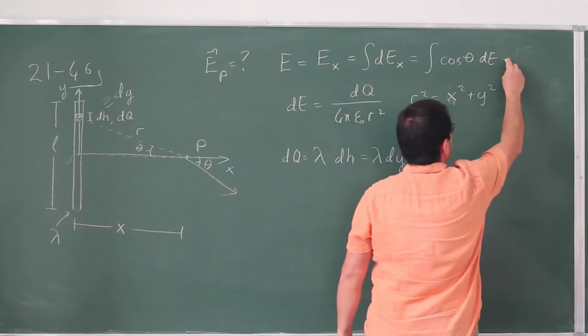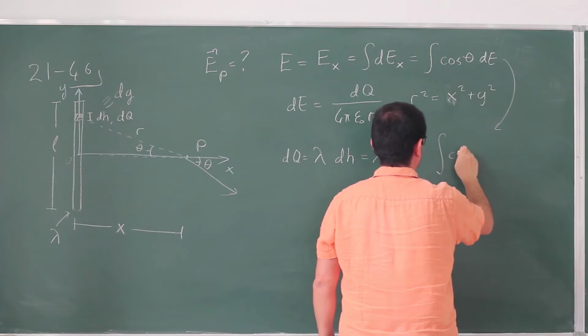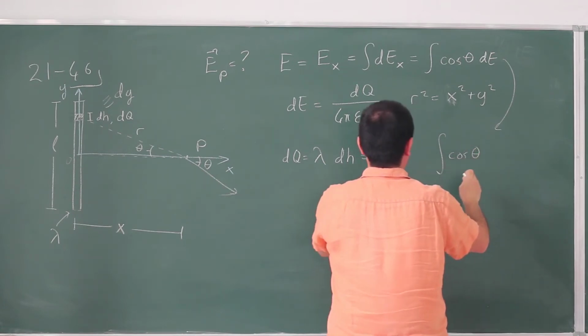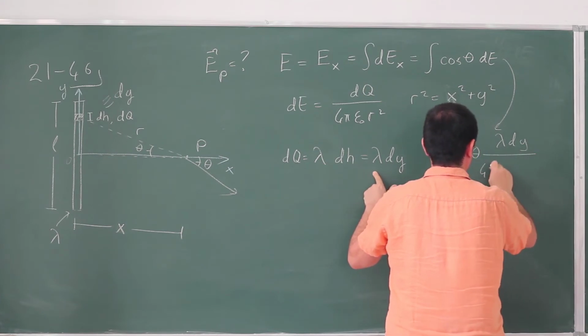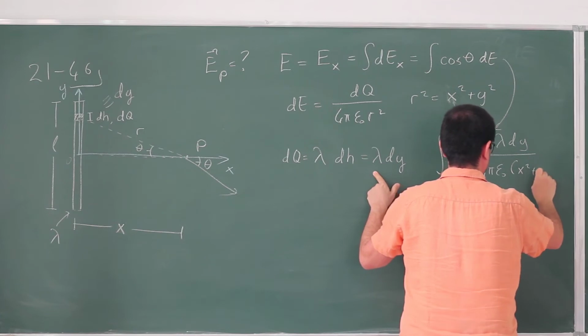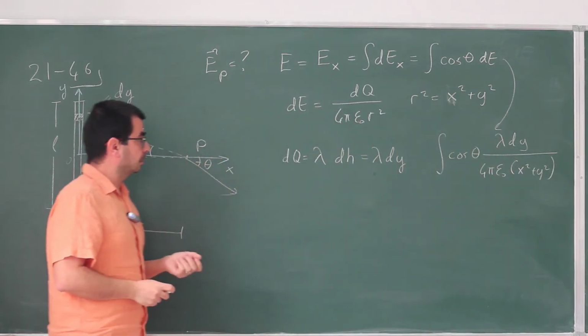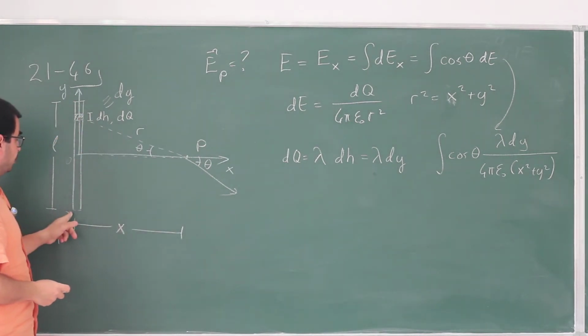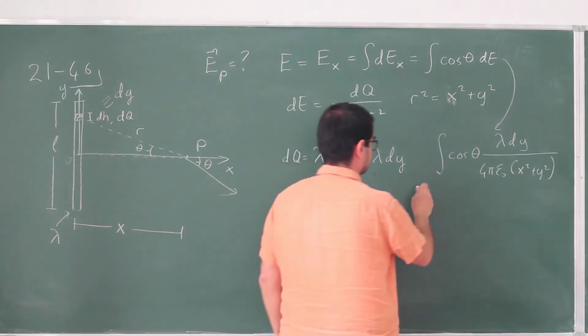We are going to have some cosine theta lambda dy divided by 4 pi epsilon naught times x squared plus y squared. And I'm covering this rod, and that will correspond to y starting from minus L over 2 to y going to L over 2.